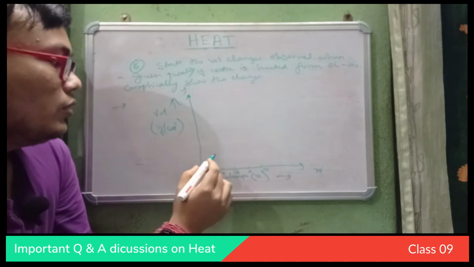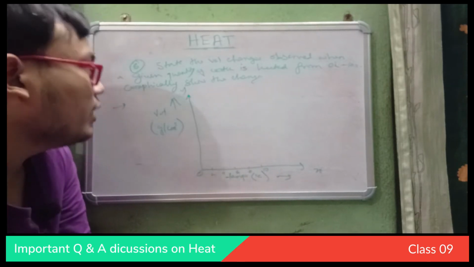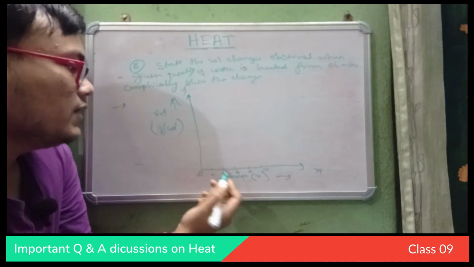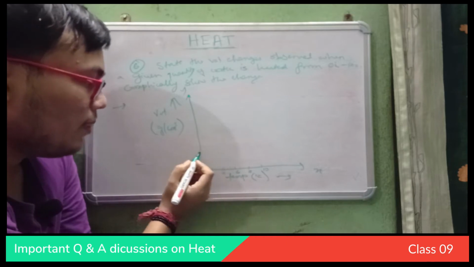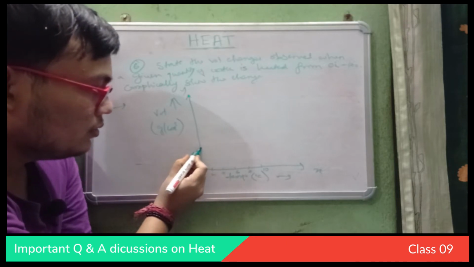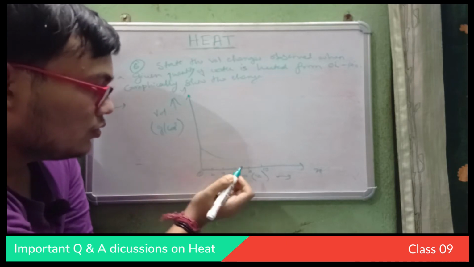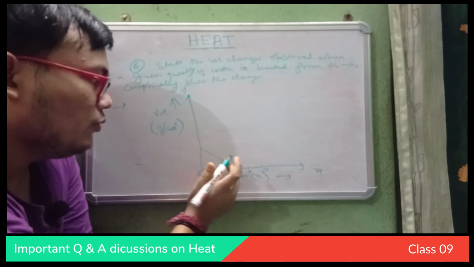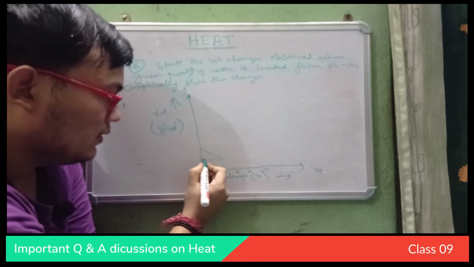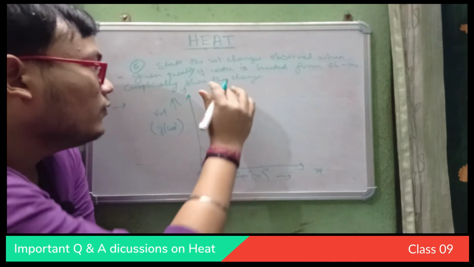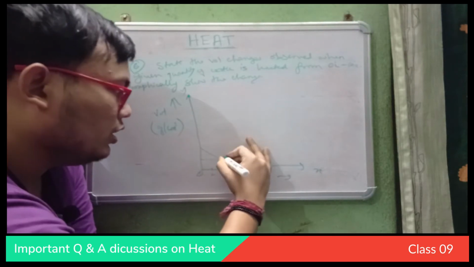From 0 to 4 degrees Celsius the volume will keep on decreasing and reach a minimum at 4, and from 4 to 10 it will keep on increasing.